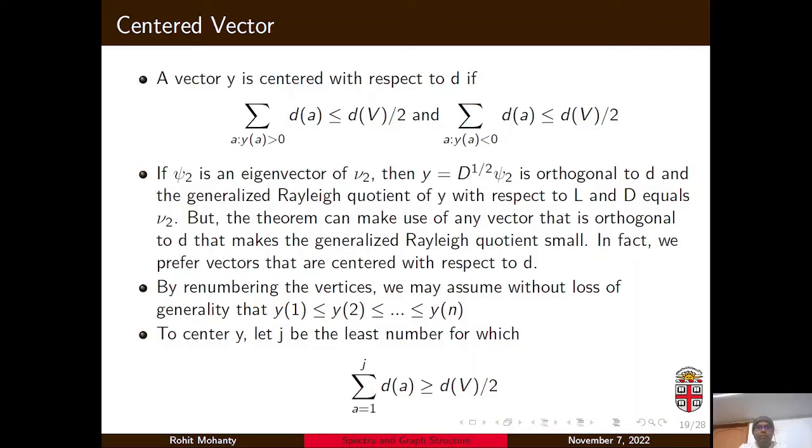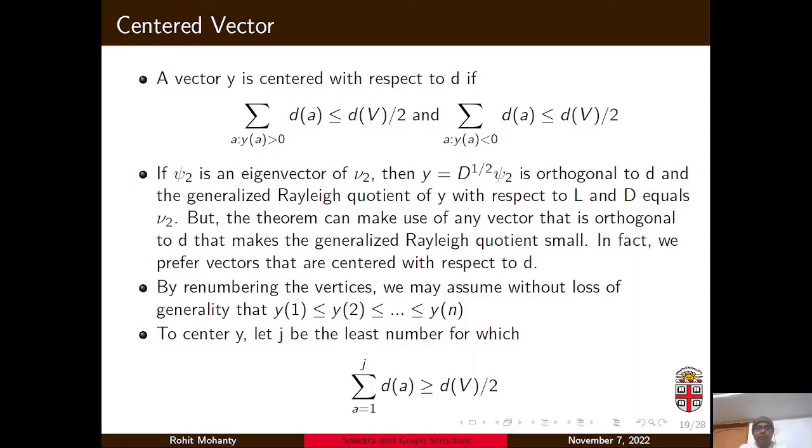In fact, we prefer vectors that are centered with respect to D. By renumbering the vertices, we may assume without loss of generality that y1 is less than or equal to y2, which is less than or equal to y3, and so on, and yn is the greatest value.